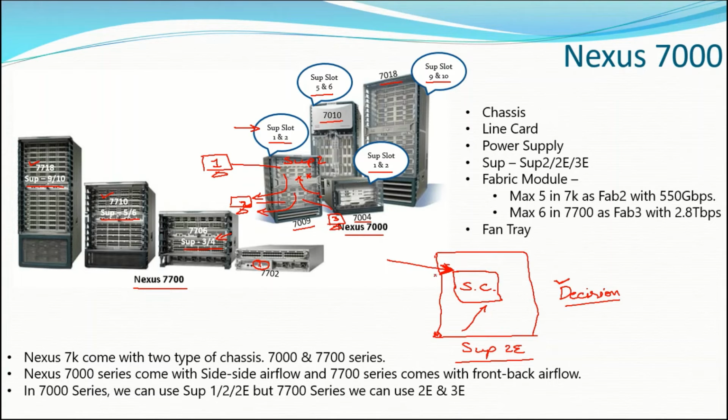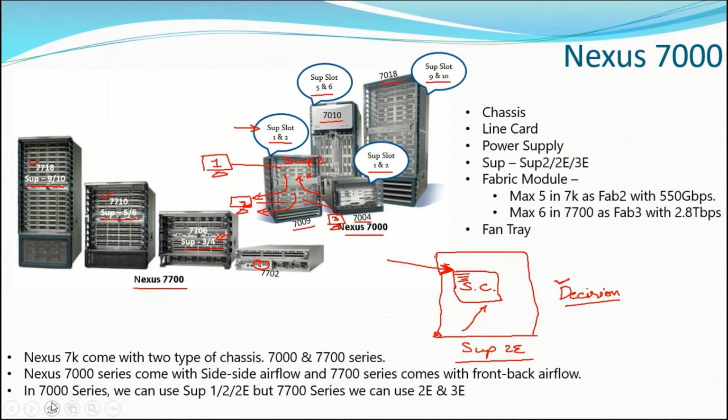So the system controller is helping the supervisor engine, and whenever the next request comes, it will check its record, its memory, and based upon that memory database, it will forward the request. But what happens when this data in the system controller is lost?